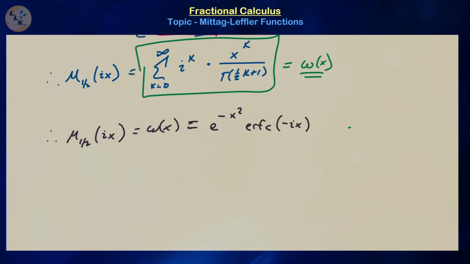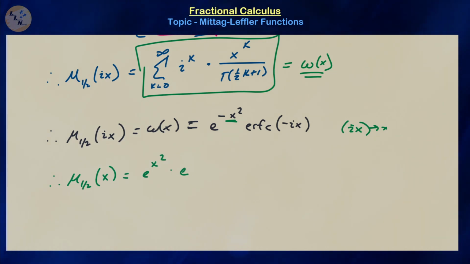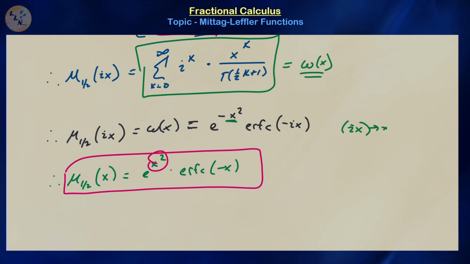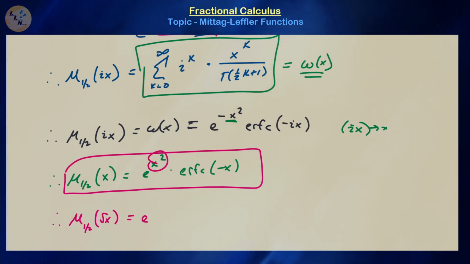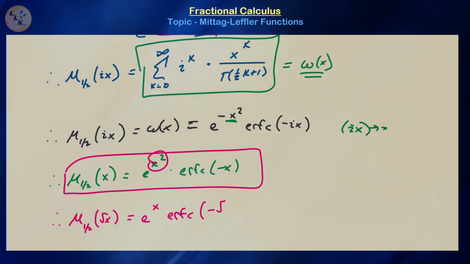Now what we can do is just replace ix with x, and then similar things are going to happen in that exponent. So that means Mittag-Leffler 1/2 of x is just going to be equal to e to the x squared times erfc of minus x. And we could leave it there, or we can get rid of that quadratic exponent by replacing x with the square root of x. So Mittag-Leffler 1/2 evaluated at square root of x is actually just going to be equal to e to the power of x times the complementary error function evaluated at negative square root of x.